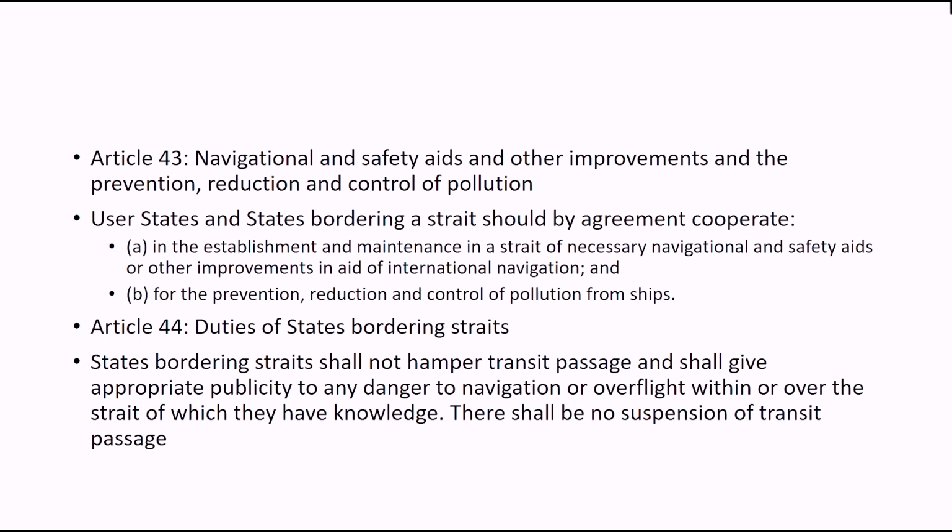Not only to ships, but if any aircraft is to cross that particular strait and there are any environmental concerns, that should be informed to any air traffic or any group of airplanes passing through that particular air route of the strait or transit passage.